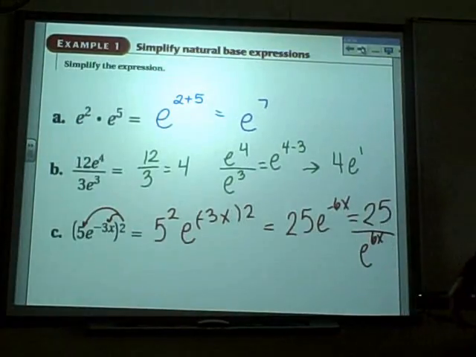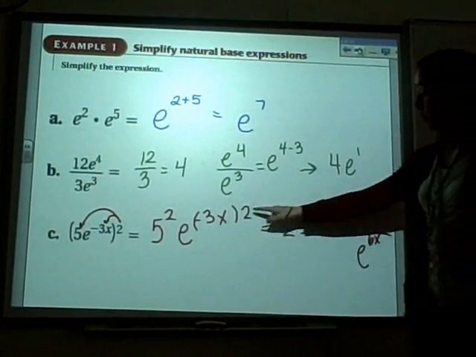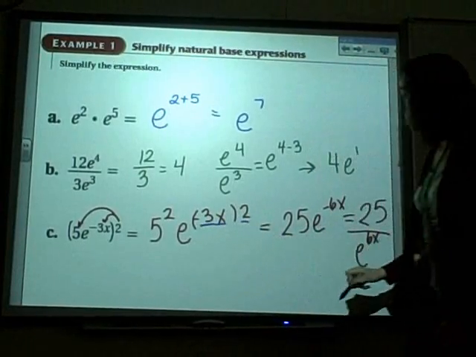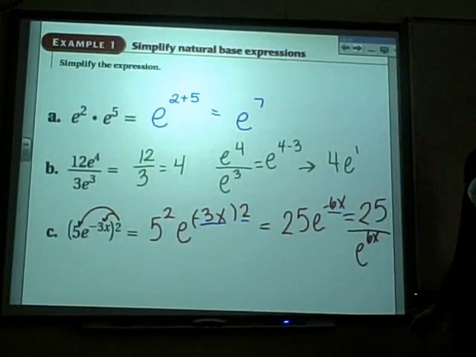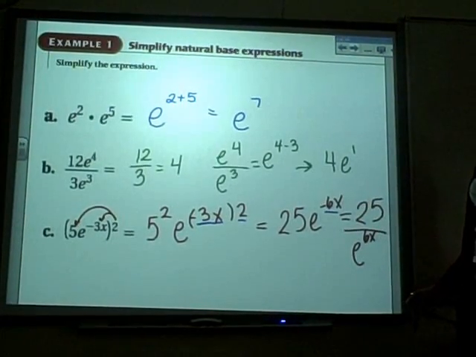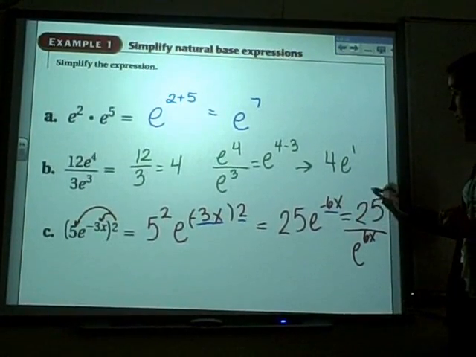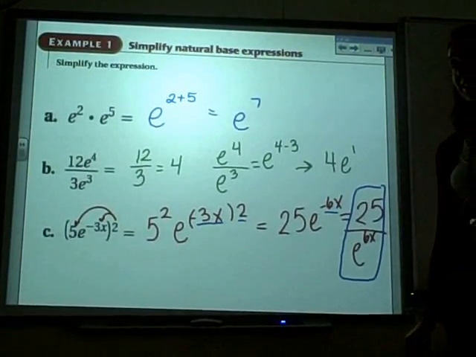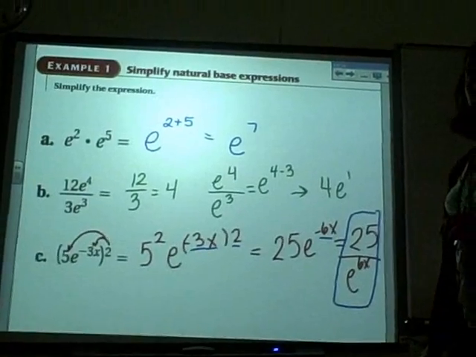So we get 25 times, and I multiply my exponents here. Negative 3x times 2 gives me negative 6x. Okay, negative exponent, can't have that, so that has to go to the bottom. So my final answer: 25 divided by e to the 6x power.